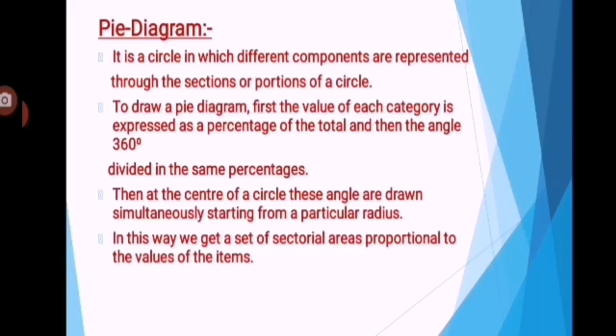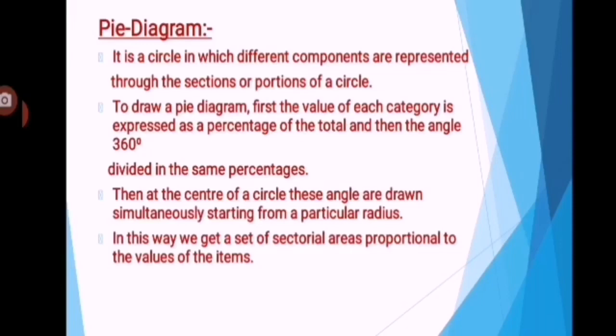Then at the center of a circle, these angles are drawn successively starting from a particular radius. In this way, we get a set of sectorial areas proportional to the values of the items.